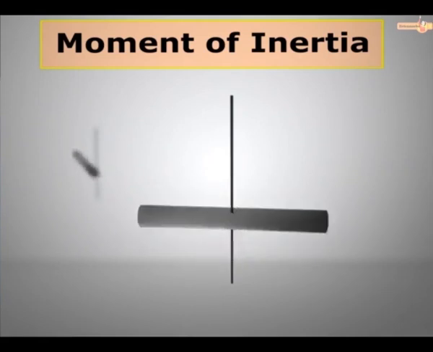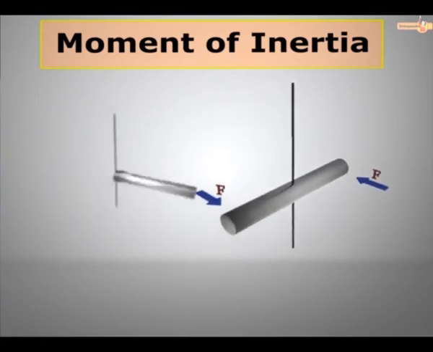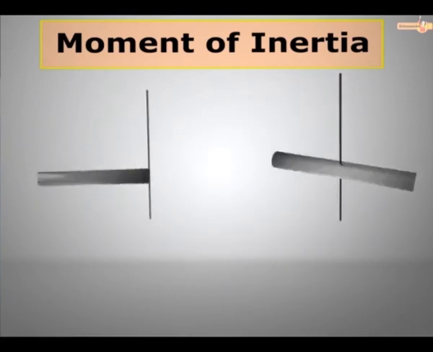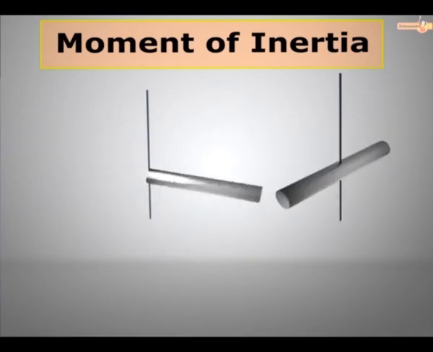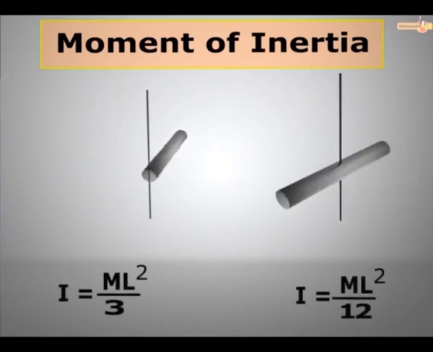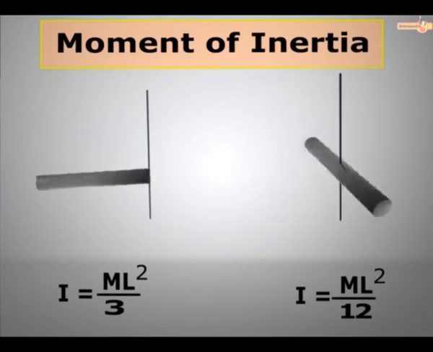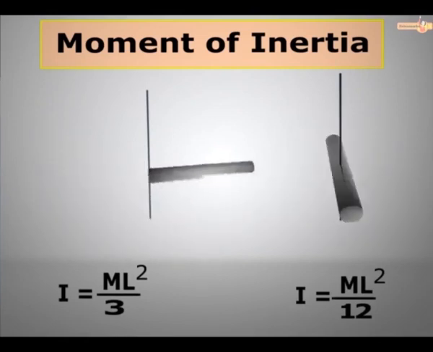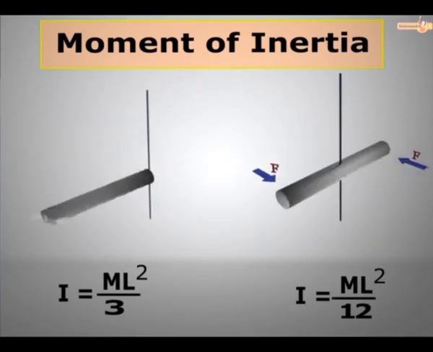The physical quantity that depends on the distribution of mass about the axis of rotation is called the moment of inertia. The moment of inertia of the rod in the two cases can be calculated and shown to be greater in the first case.